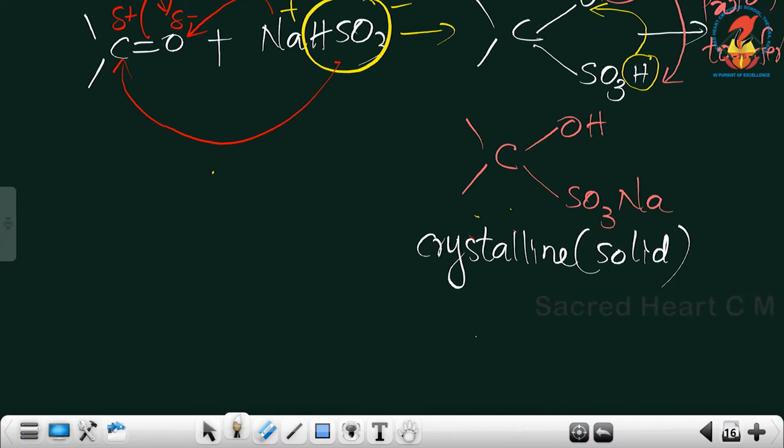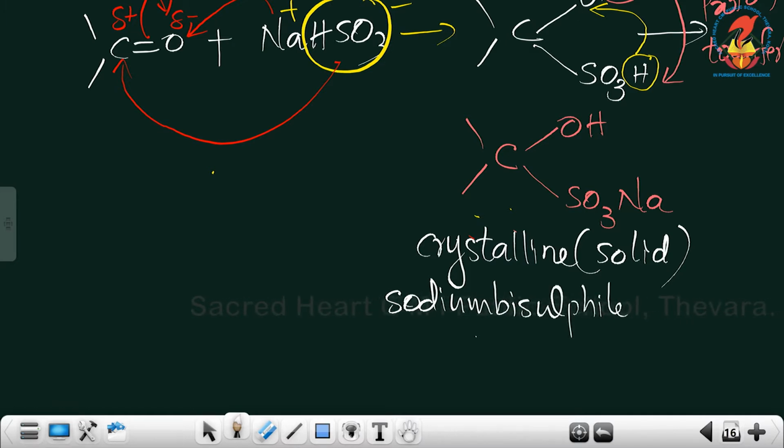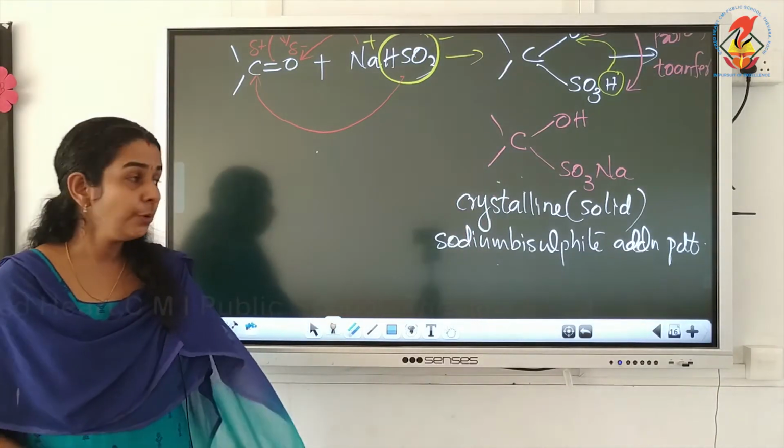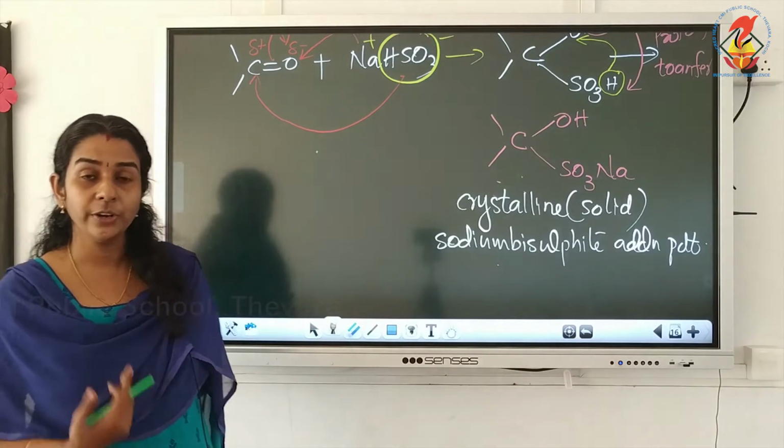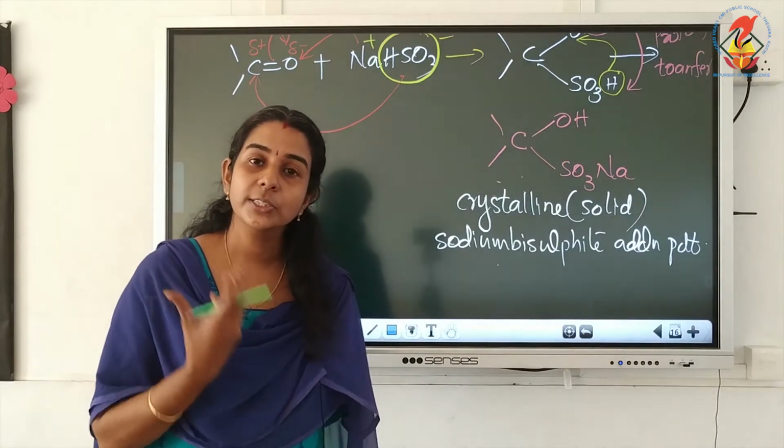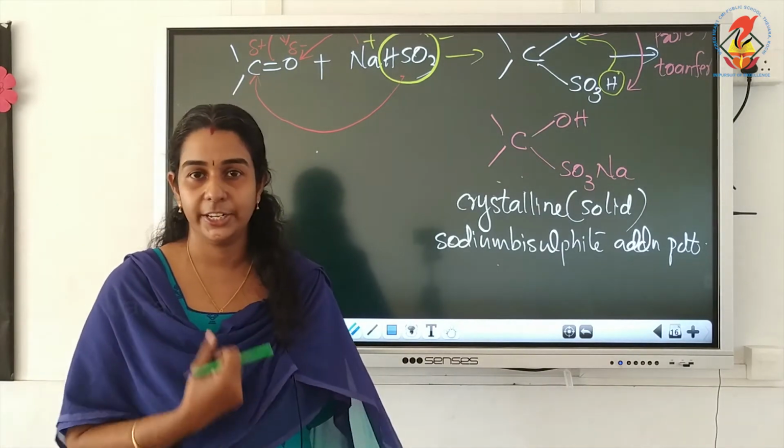So this is the crystalline sodium bisulfite addition product. So after the addition of sodium bisulfite to an aldehyde or ketone, we get the solid sodium bisulfite derivative.